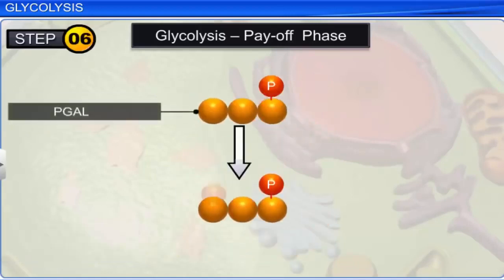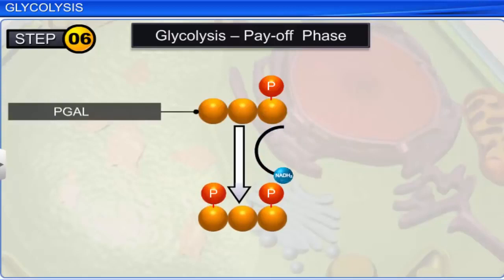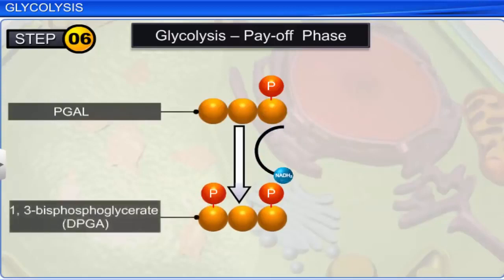The payoff phase starts with the phosphorylation of PGAL using inorganic phosphate to form 1,3-biphosphoglycerate or DPGA. The two redox equivalents removed from PGAL are transferred to NAD+ to form NADH2.